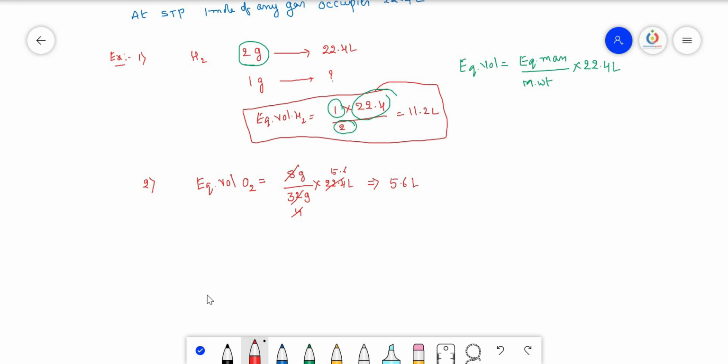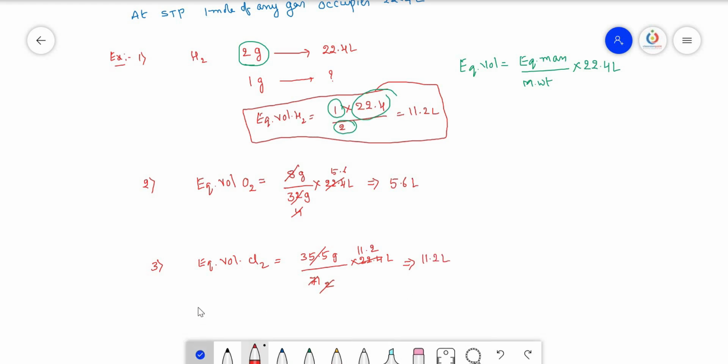And in this way we can calculate the equivalent volume of chlorine also. Its equivalent mass is 35.5 grams divided by molecular mass 71 into 22.4 liters. So it goes 2 times, and so we get 11.2 liters.